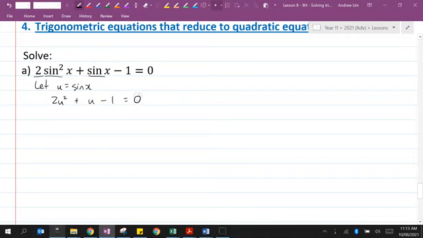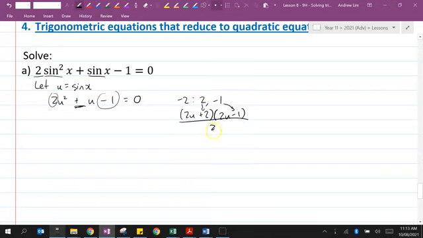Now we've got a quadratic equation. This is a non-monic, so we need to factorize this. 2 times minus 1 is minus 2. Two numbers that multiply to negative 2 but add to positive 1 are 2 and minus 1. So we've got 2u plus 2 times 2u minus 1, all over 2. That's where this 2 goes.